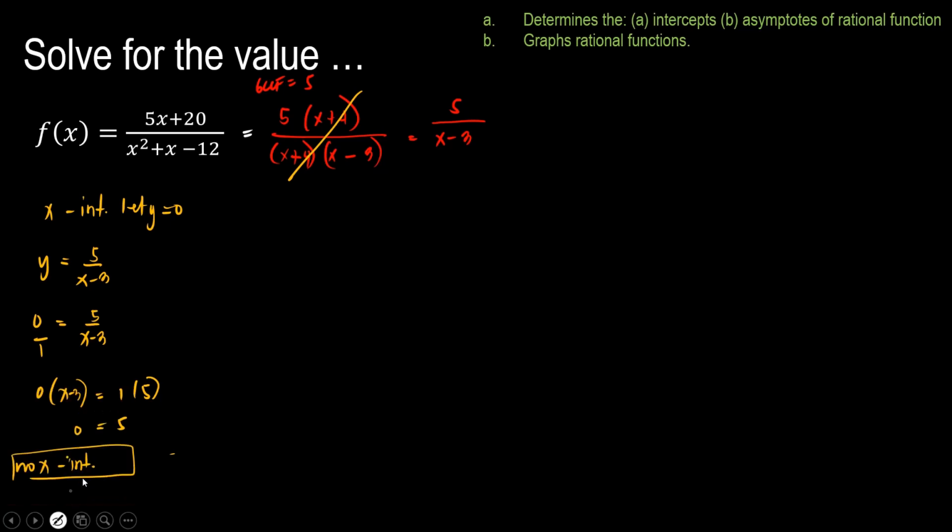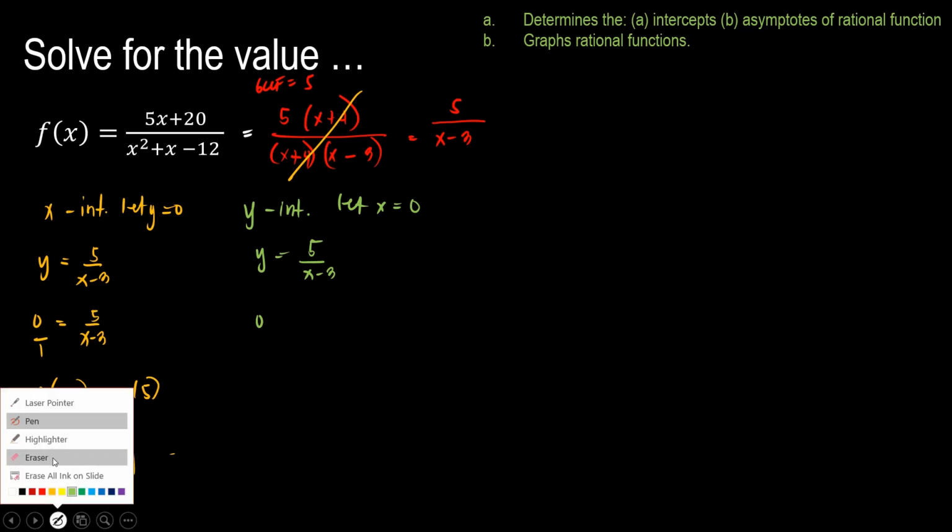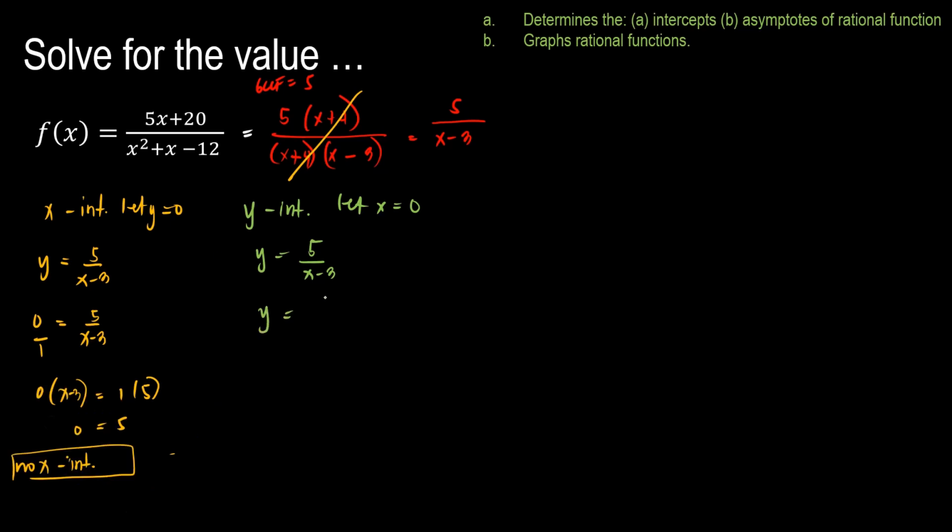Okay, next, let's get the y-intercept. So for us to get the y-intercept, let x is equal to 0. So we have y is equal to 5 all over x minus 3, with x equal to 0. We have y is equal to 5 all over 0 minus 3. Y is equal to 5 all over negative 3.